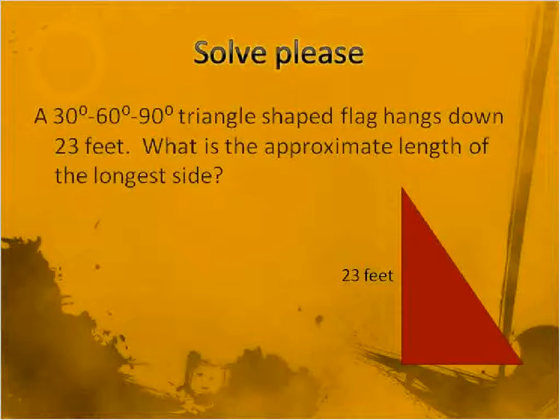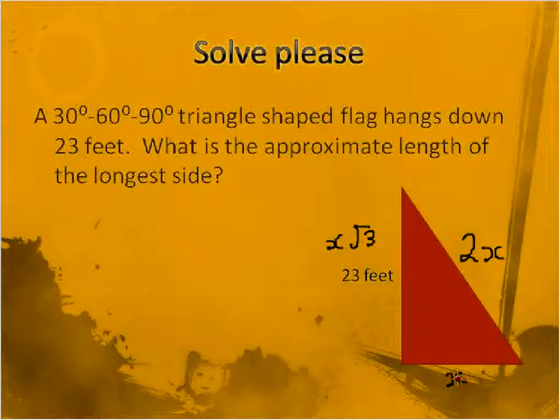Well, what we know about these triangles is that whatever this length is, I'll call it x, this is 2 times x, and this is x times the square root of 3. That gives us these lengths. So I'm given this length, and I'm trying to do this in reverse.